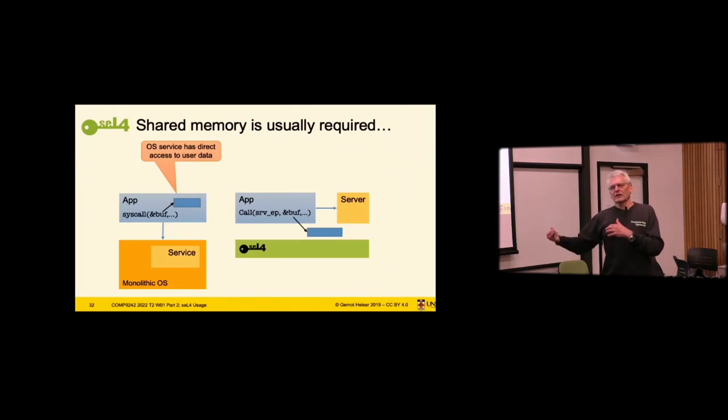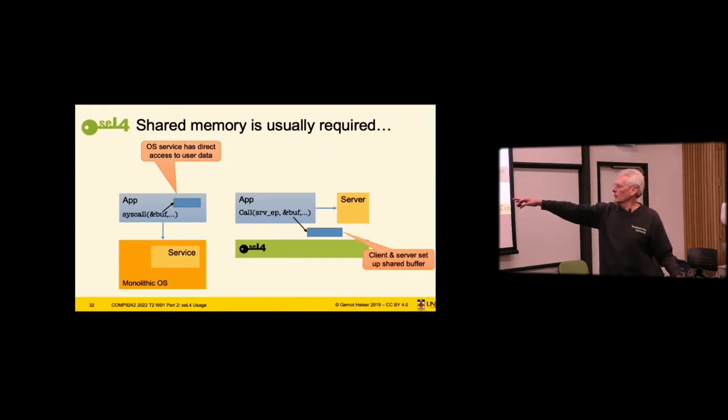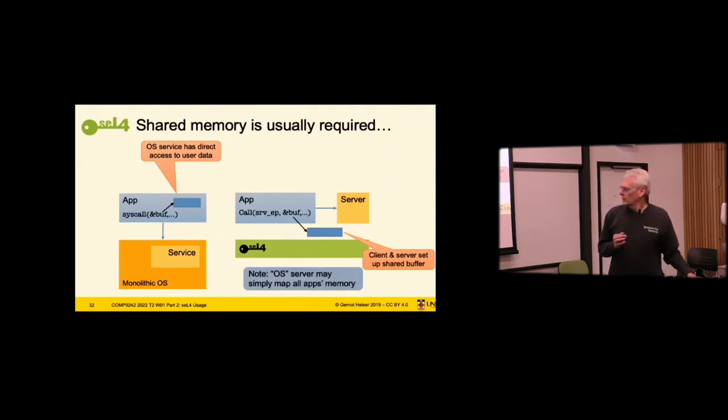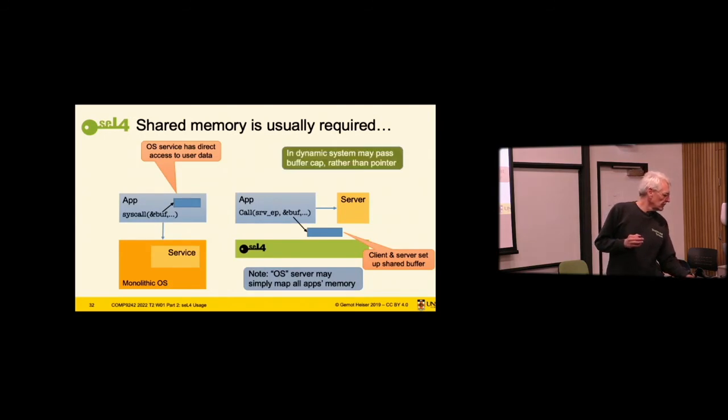And you can either set up explicit shared memory between your OS and your applications, or just simulate the monolithic case and map all user memory into the OS server address space, which is definitely the simplest way to do it. That's what I would recommend. Okay? Any questions on this?